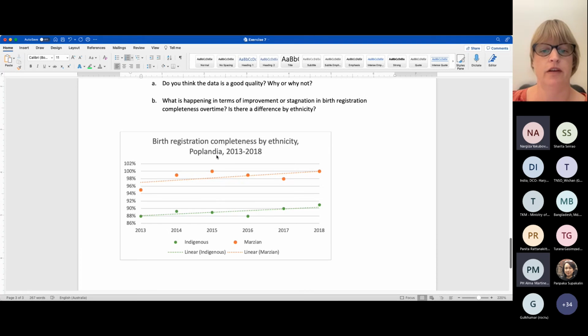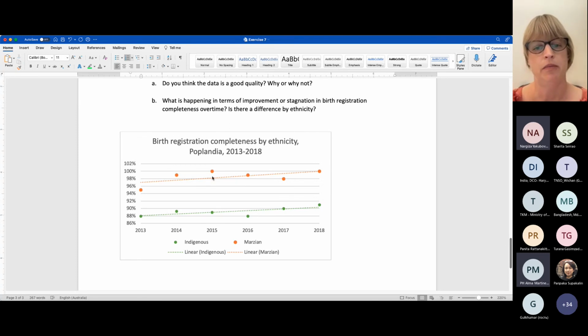We don't see anything too crazy going on. It looks like maybe it was a little low here, but then it went up, and maybe there were some improvements or targeted campaigns or whatnot. But the question is, what is happening over time? If we feel pretty confident with our data, it seems like it's forming some kind of trend, but actually the trend is a very slow, gradual improvement, almost stagnation.